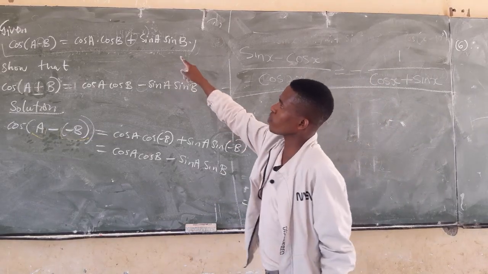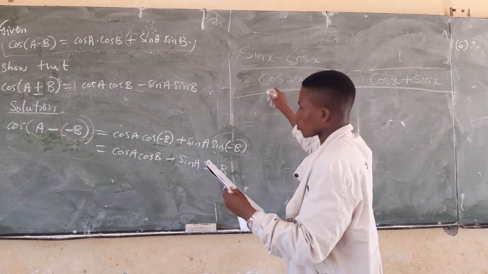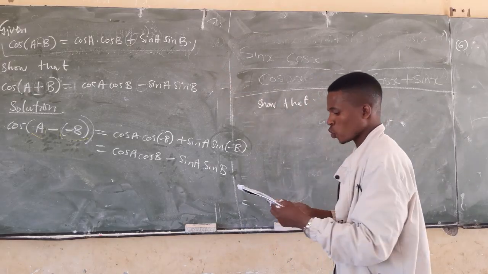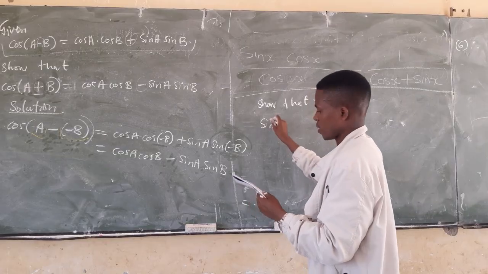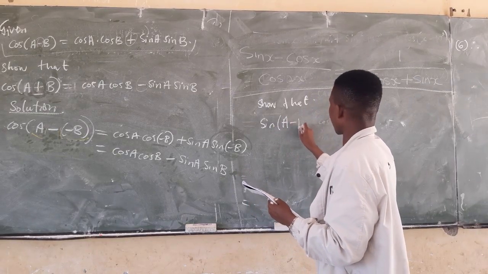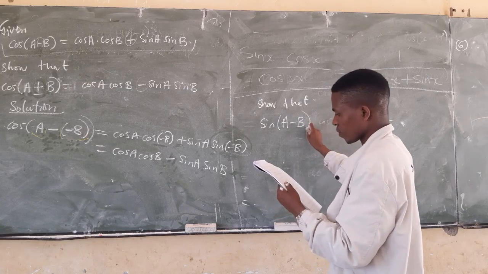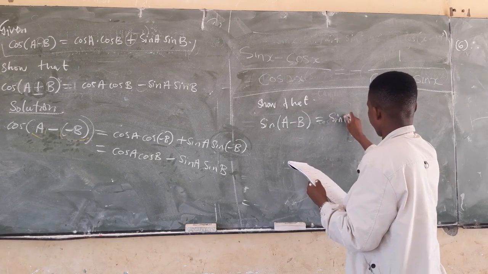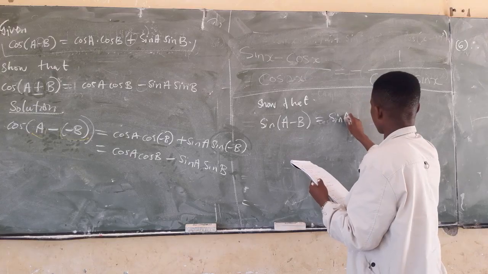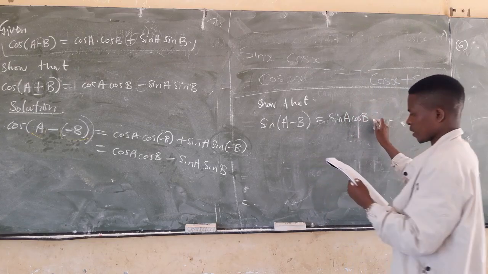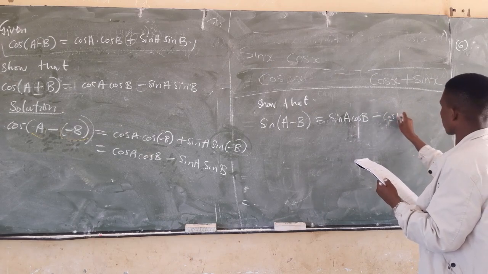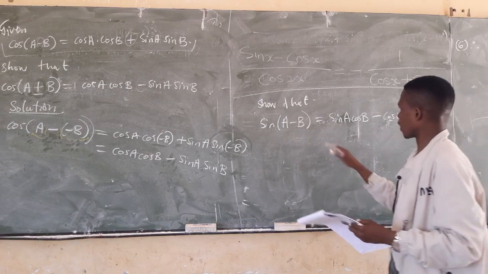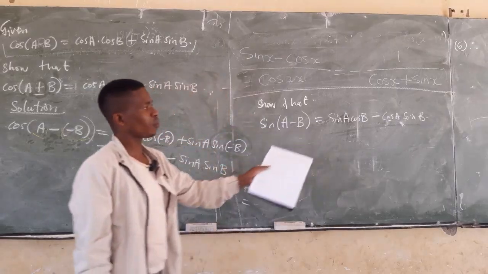Now the other one, given the same information as above, show that sine of A minus B can be written as sine A cos B minus cos A sine B. This formula must be correct.